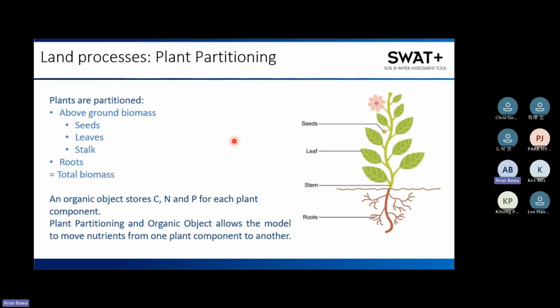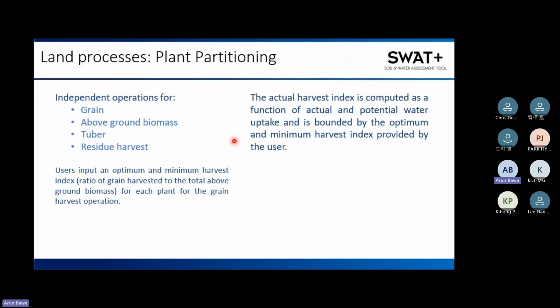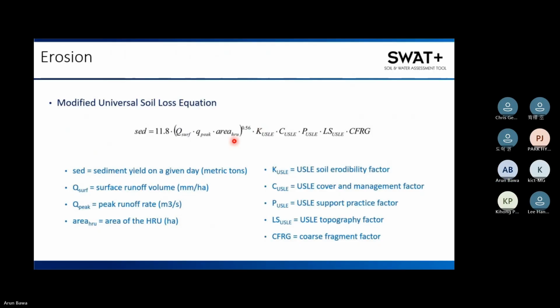So all those equations are there. And then based on the plant growth on each day, it calculates evapotranspiration and other processes that control the rest of the hydrological cycle. Then we have the water quality components also.